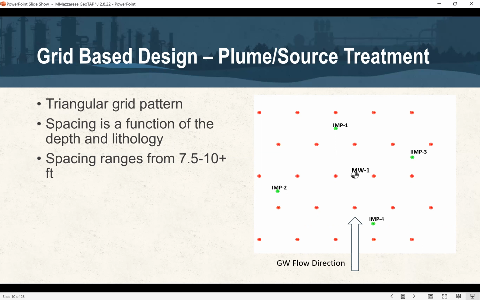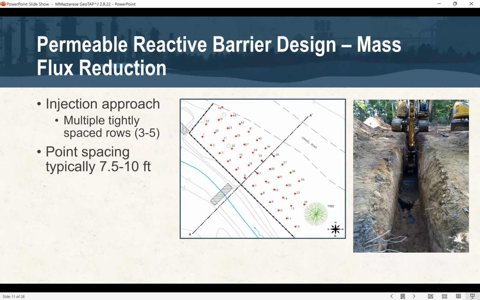There are some variables there, but that's a typical range when we're doing source area injections. And if we're doing a PRB using this technique, generally that's 7.5 to 10 foot spacing with 3 to 5 rows of points. Those designs are driven primarily by the mass flux coming through that cross section.